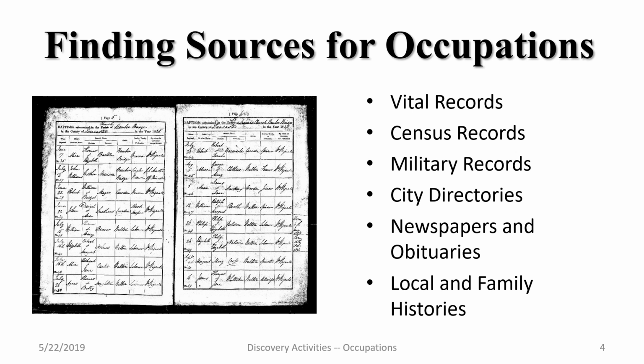Census records, military records, city directories, or professional or trade records may also include this information. Newspapers, including obituaries, often list the occupation. Local histories or family histories and life sketches might include the occupation of your ancestor.